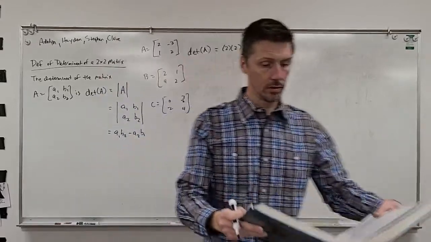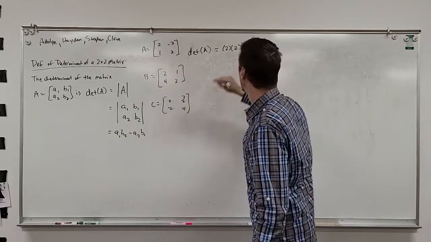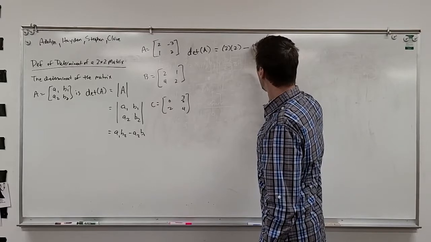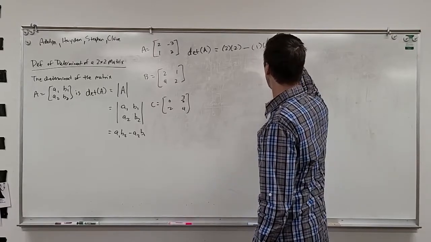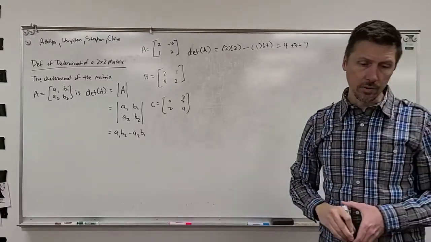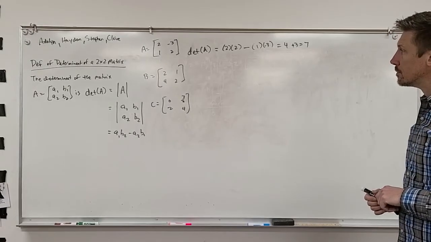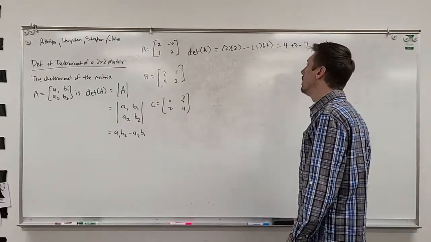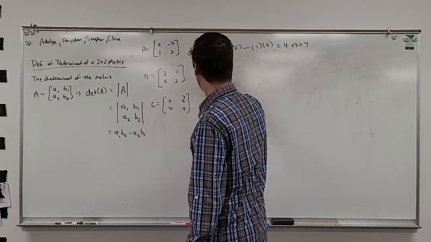All right, so the first one, I say, hey, find this. And so you go 2 times 2 minus 1 times negative 3, right, which equals 4 plus 3 equals 7. So the determinant of the first one is 7. So the second time, I don't say find this, I say find this.